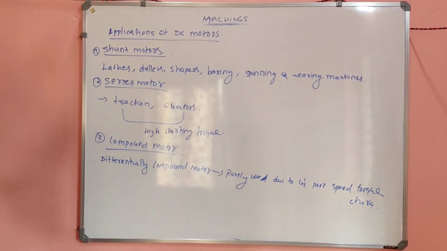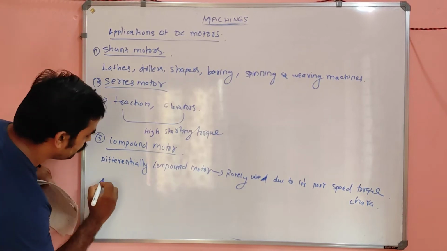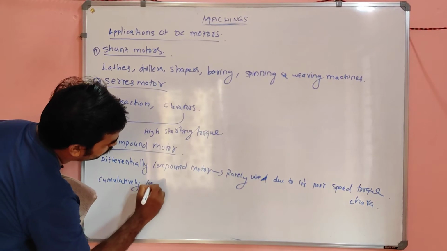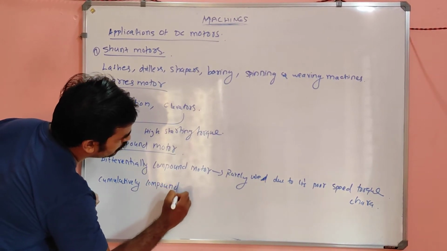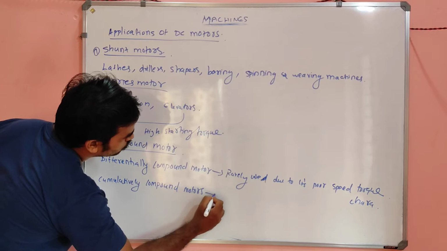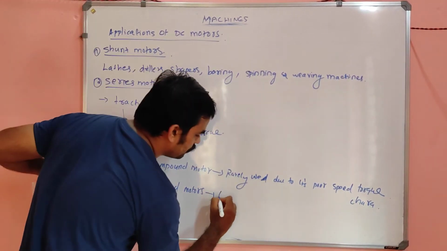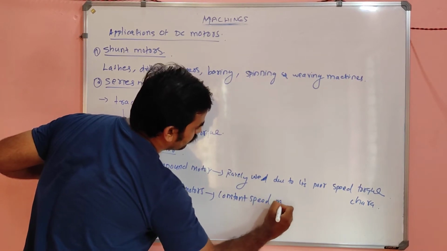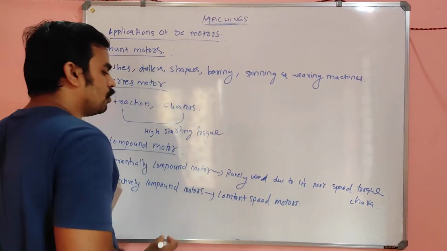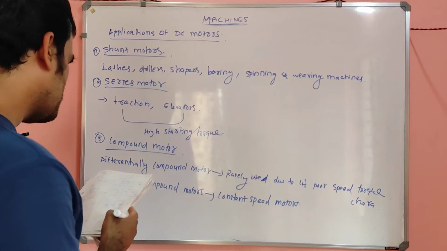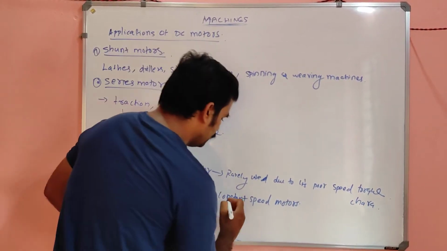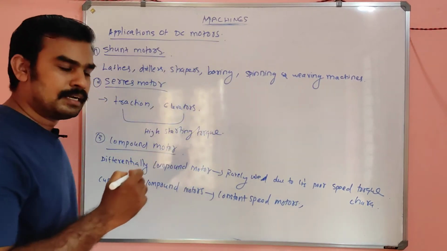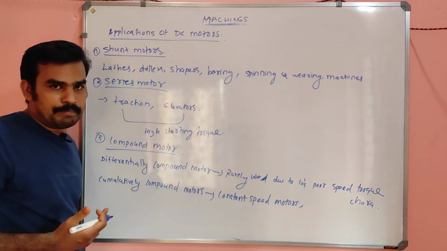And the other is the cumulatively compound motor, which is a constant speed motor and used where irregular speed change happens.